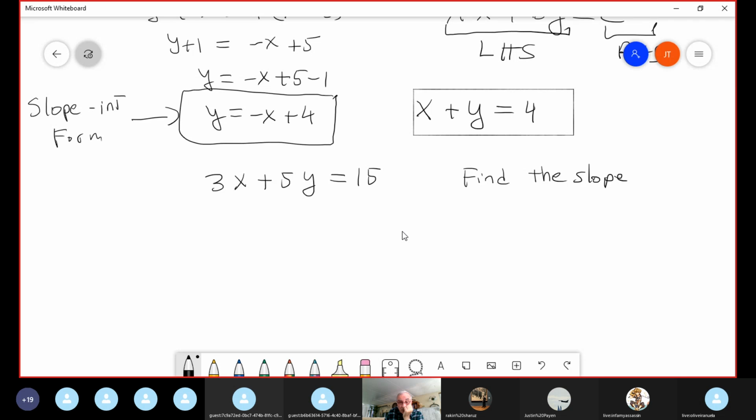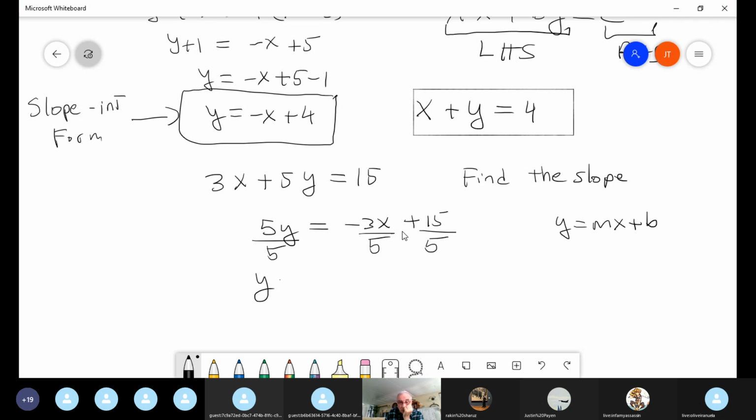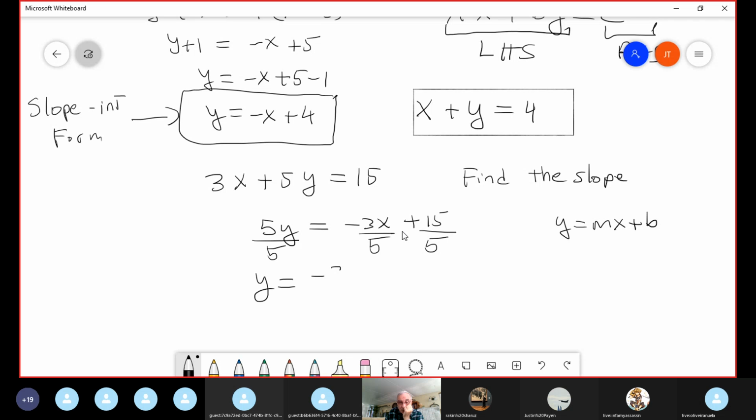But you solve for y. 5y is equal to minus 3x plus 15. I manipulate it in order to express it like y equals mx plus b. Divided by 5, divided by 5, divided by 5. Y alone, isolated, is negative 3 over 5 x plus 3, because 15 divided by 5 is 3.